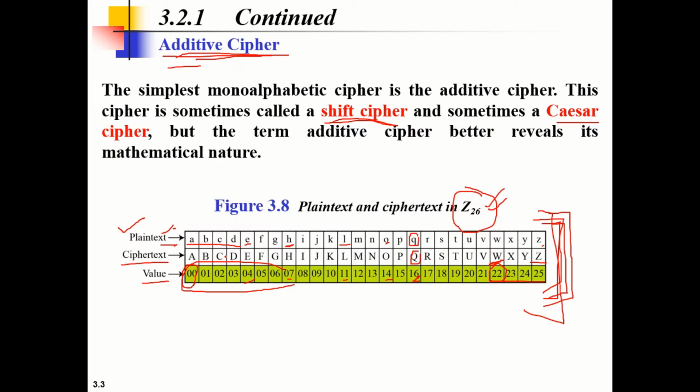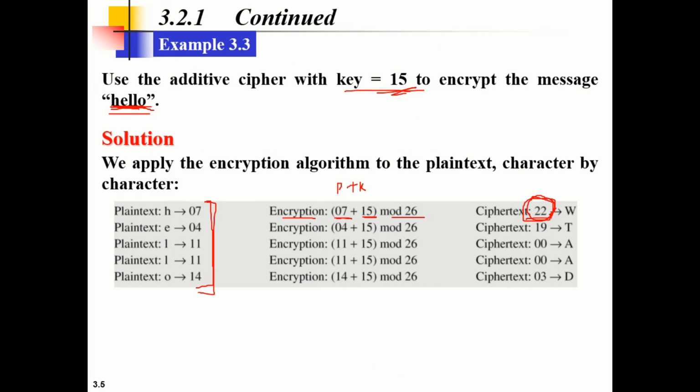In the cipher text we have to check, not in the plain text. So in cipher text it has the value capital W, right? So here we will use this capital W instead of H.